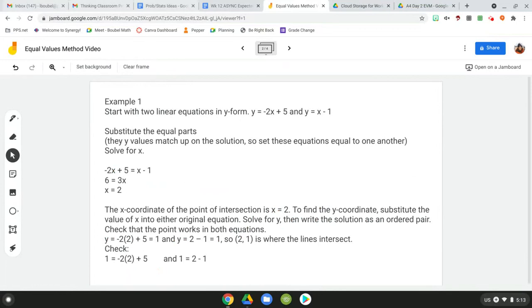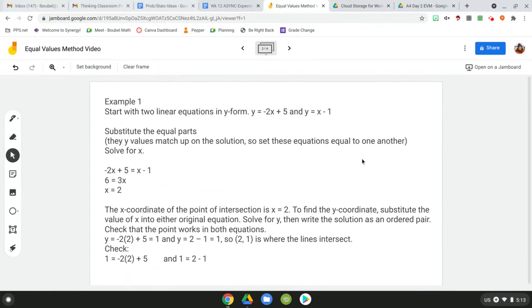Yes, that worked out. And I try it with my other equation as well. It's important that you use both equations to check. So for the next one, y equals x minus 1. I'm going to sub in 1 for y and 2 for x, and 1 equals 2 minus 1. Does that work? Oh yeah, it does.